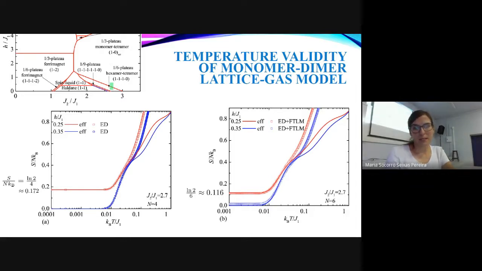From these figures, one can also see the validity of our lattice gas model. For example, for the entropy, our lattice gas model predicts the numerical data well up to roughly 0.05 temperature.